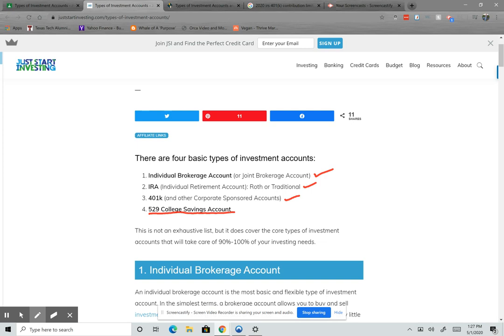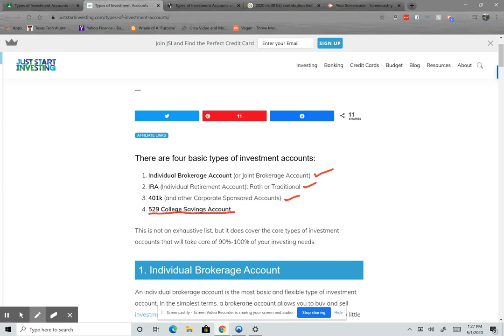So 529 college savings accounts, your parents may have set one up for you. The benefit here is you put pre-tax money in, just like an IRA, and it grows tax-free, just like an IRA. When you get ready to take it out, if you use it for education-related expenses, tuition, books, college room and board, you don't pay any tax on it at all.